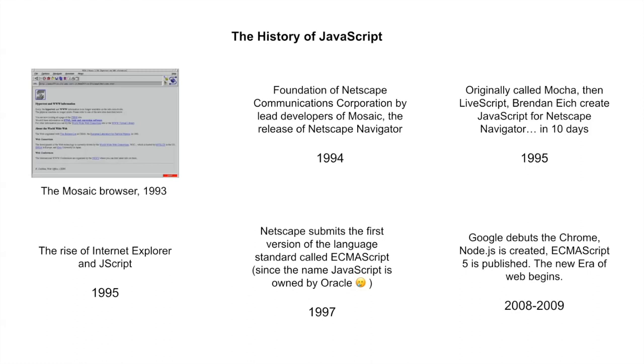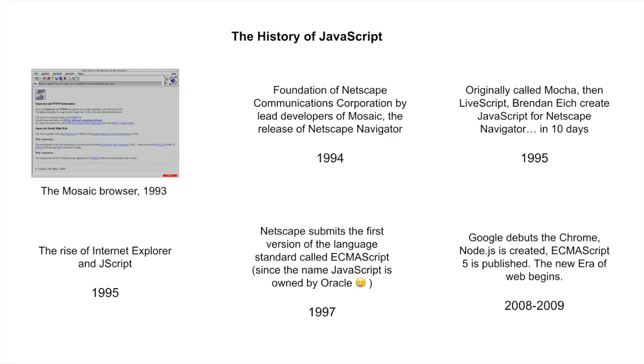So you have basically two rivals that are just trying to push things to their limits. And in 1995, Netscape decided to submit a first official standard of the language, and that standard is called ECMAScript, and it is called ECMAScript because of the name JavaScript.